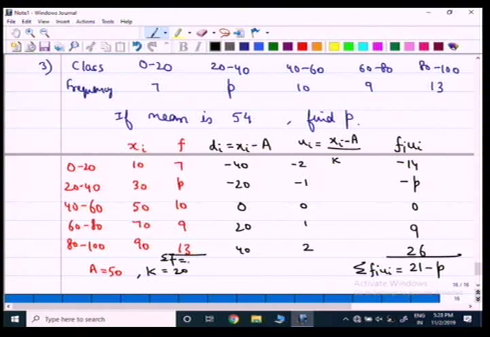And sigma f, that we will get 39 plus p. So now we can simply get the value of p.